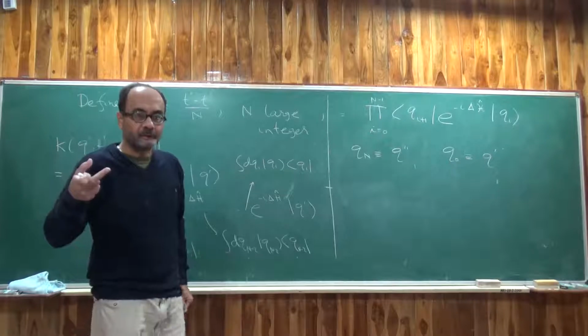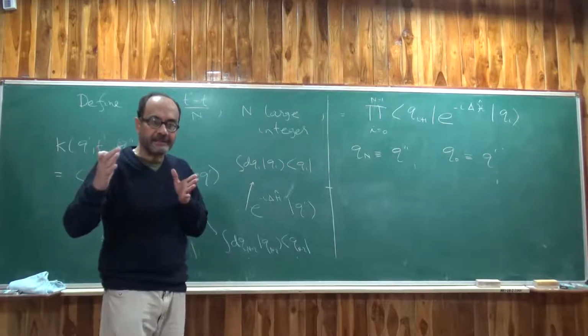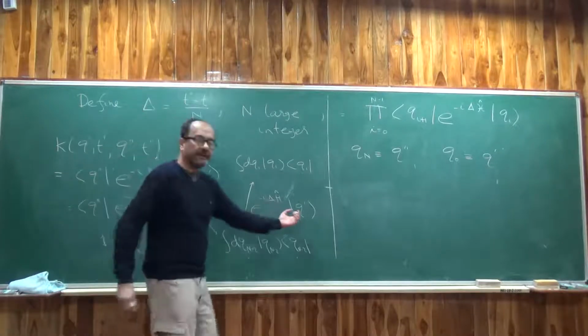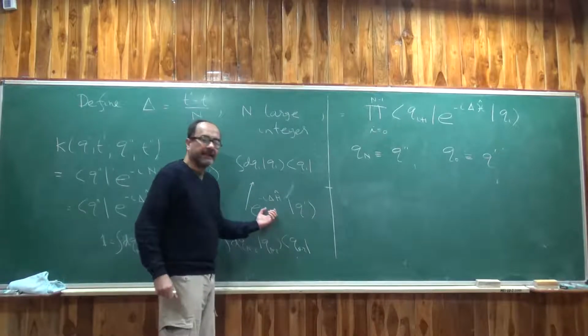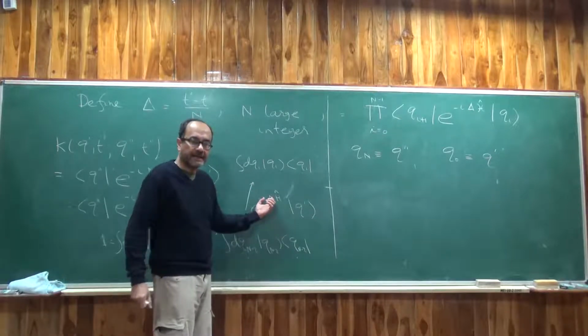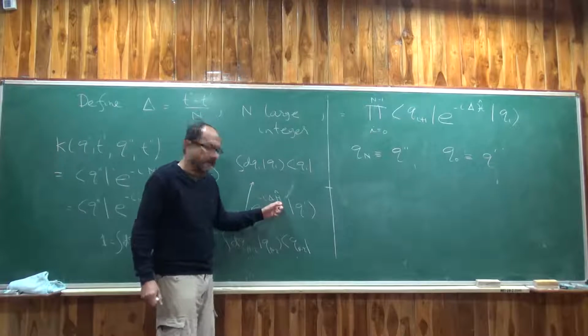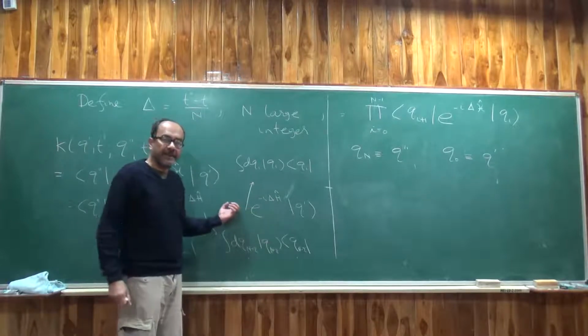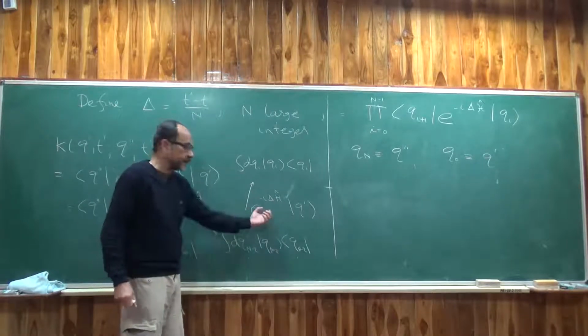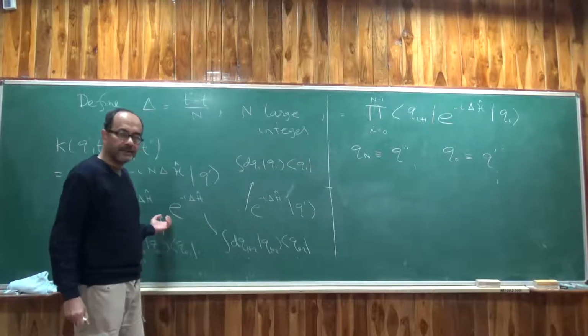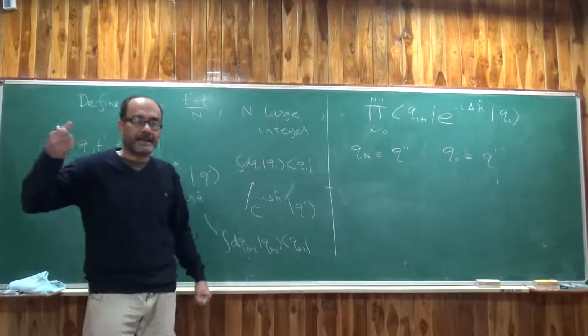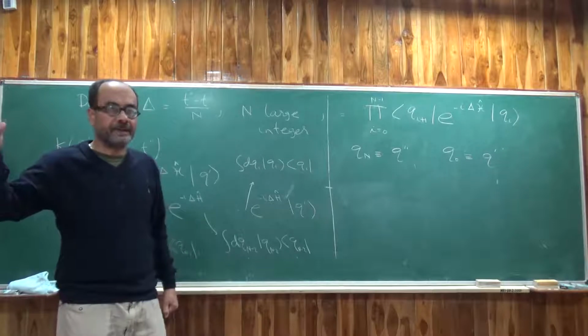What you should really do is take a time dependent h, then evolve from this state by e to the minus i delta h hat with that corresponding h hat. Then you evolve by the different h hat, to just change. So this expression is still correct. You just shouldn't have written it as e to the minus i integral h of t dt.